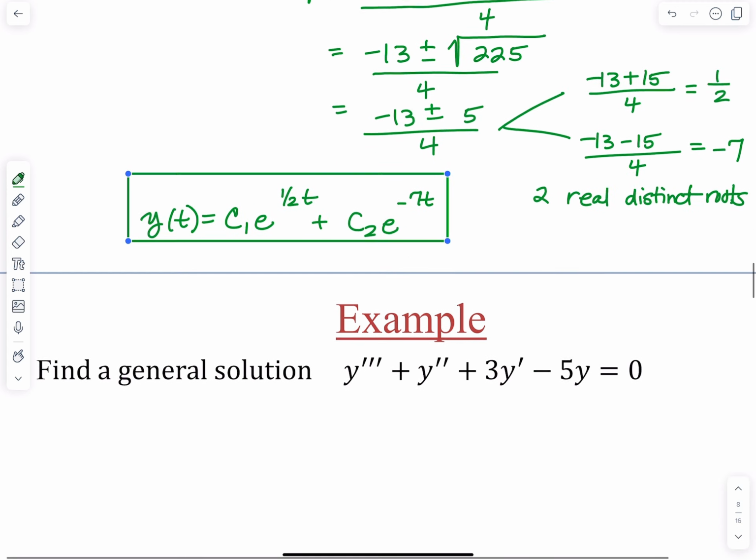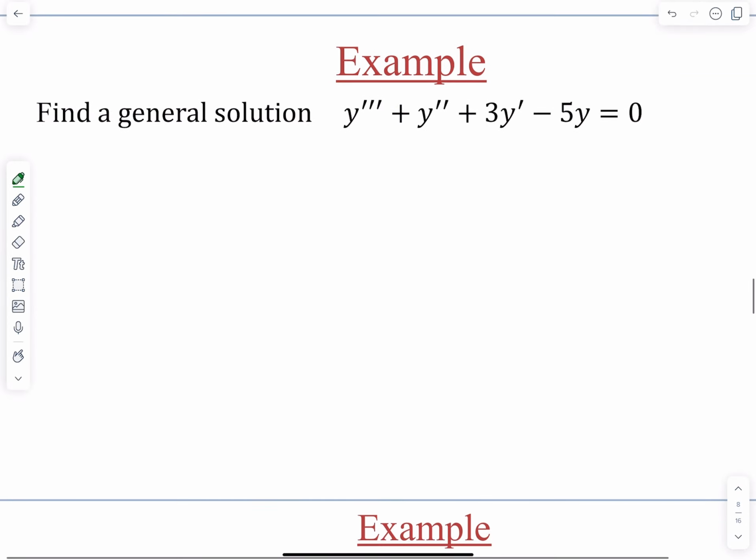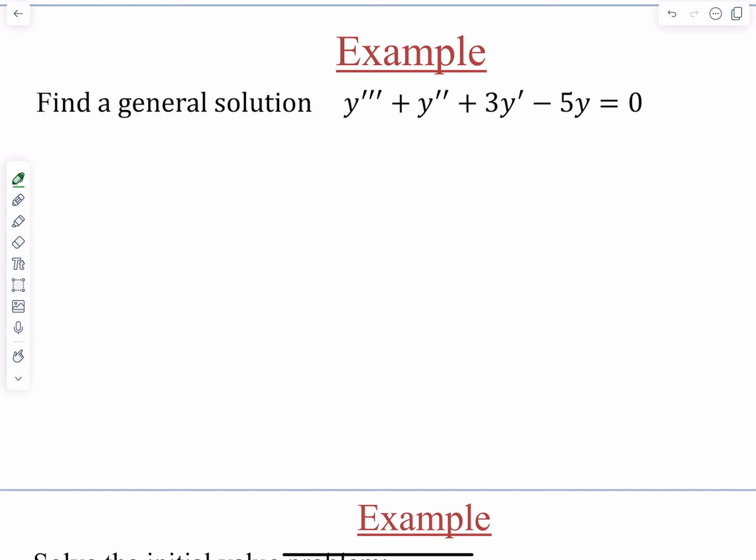Okay, let's take a look at our next example. Here we have a third order differential equation. So let's just proceed in the same manner with our auxiliary equation, r cubed plus r squared plus 3r minus 5 equals 0.